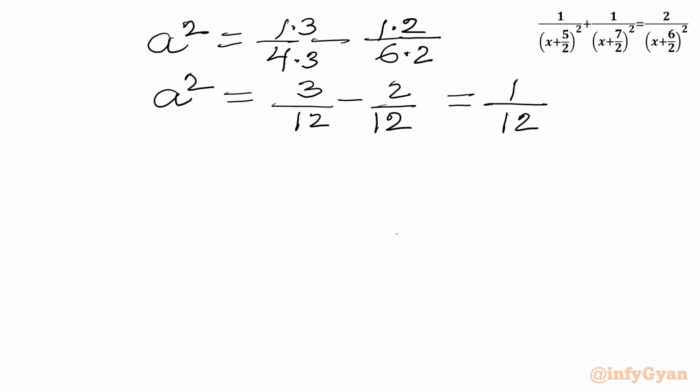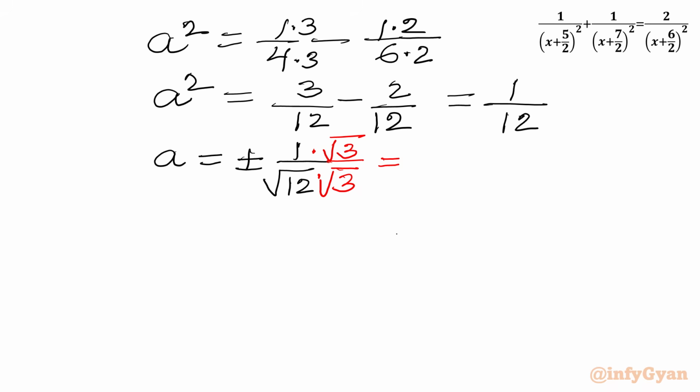This is equal to a square. Now we will take square root both sides, then a will become plus minus 1 over square root 12. Now I will rationalize the denominator over here. So we have to multiply here with root 3, and in the numerator we will multiply with root 3. So a will become plus minus square root 3 over square root 36, which is 6.